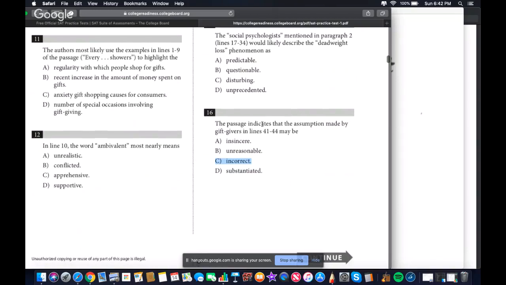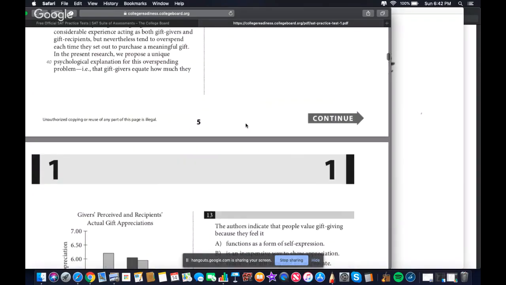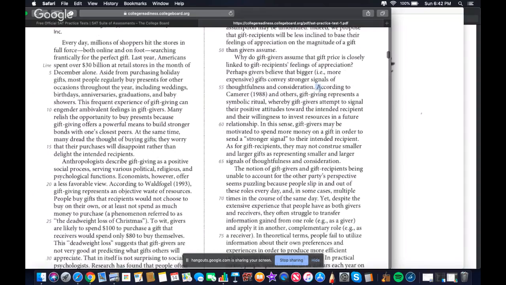So let's go back to those lines and make sure they both talked about the assumption. So now we're just going to think about, do these lines really say substantiated and incorrect? Honestly, this doesn't tell us directly that there's evidence that this assumption is... I mean, what does it even mean to substantiate an assumption, right?